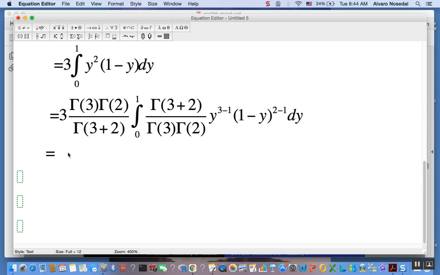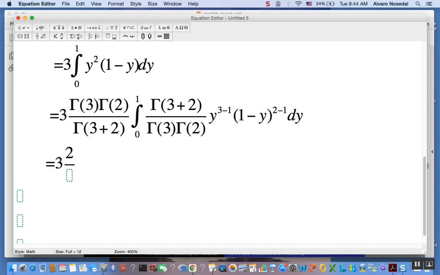But now what we have is that this guy here is a beta distribution with parameters alpha equals 3 and beta equals 2. So this is just a 1, and this is going to be 3 times gamma at 3, which by the properties of gamma functions is 2 factorial.